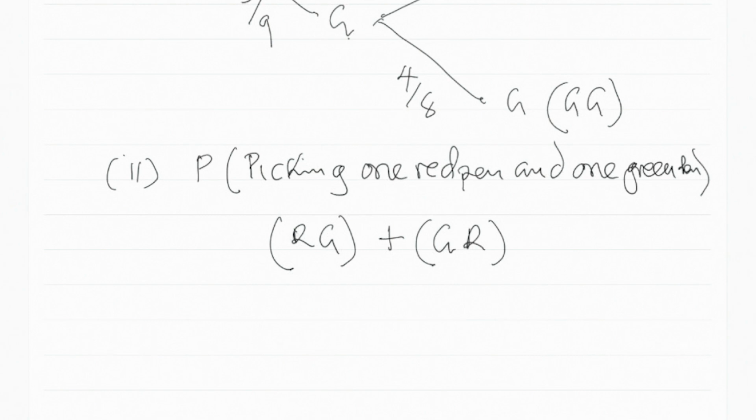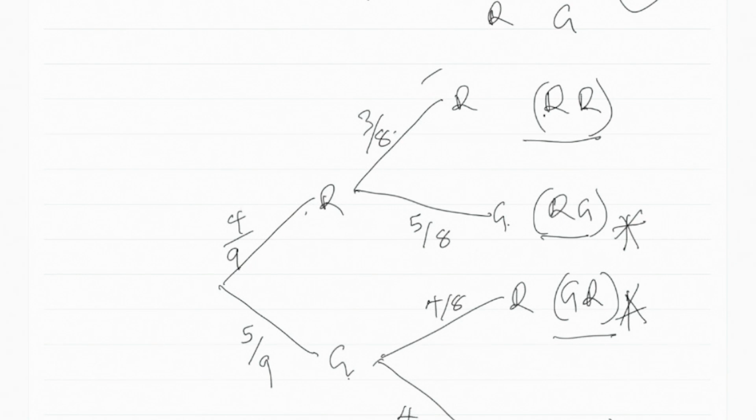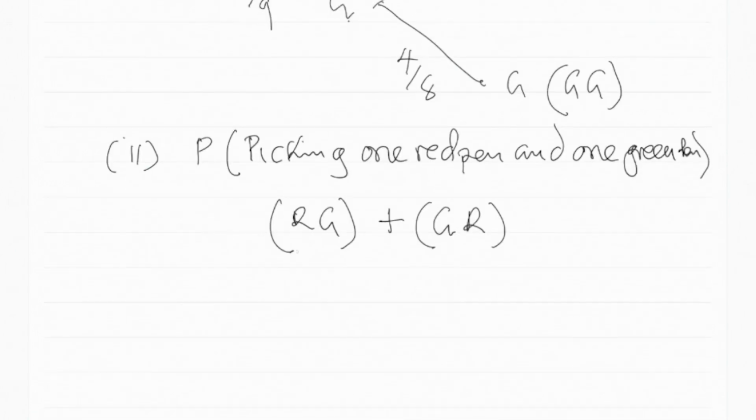Here we are multiplying the probability of picking a red in the first instance and the probability of picking a green in the second instance. So when we go to our illustration, the probability of picking a red is 4 over 9, and that of picking a green is 5 over 8. So we are going to say 4 over 9 multiplied by 5 over 8, then we add it to the probability of green and red.